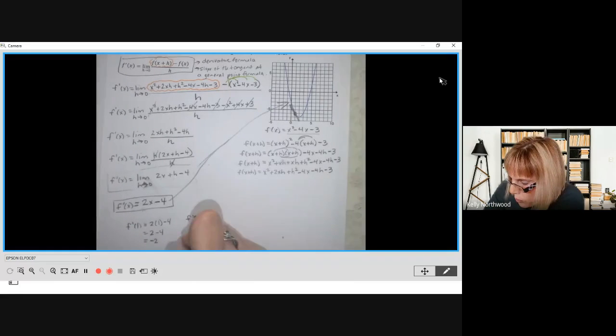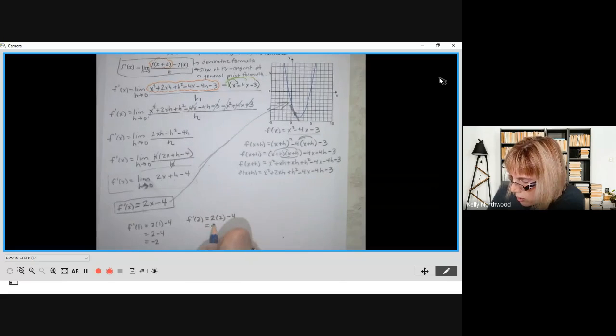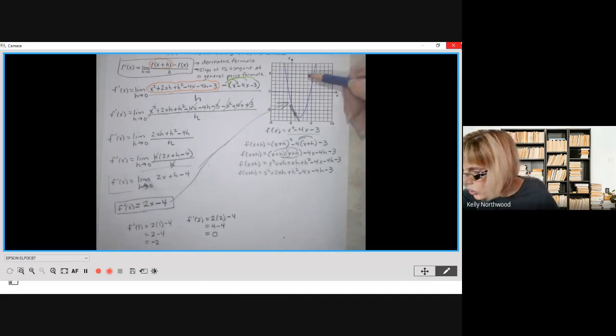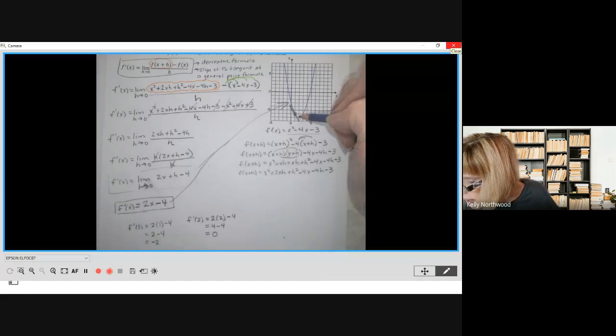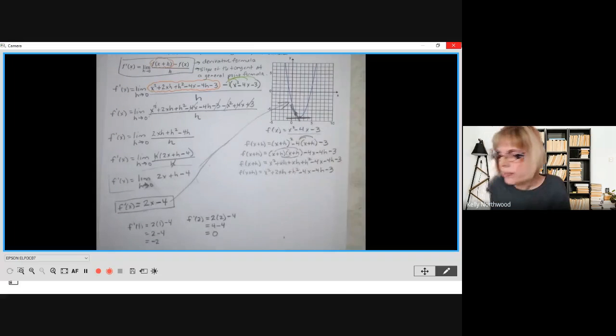F prime at 2 would be 2 times 2 minus 4, or 4 minus 4, which is 0. Okay, so where is 2? There's an x of 2, and it's right at the bottom of a valley. So you would expect to have a horizontal tangent.